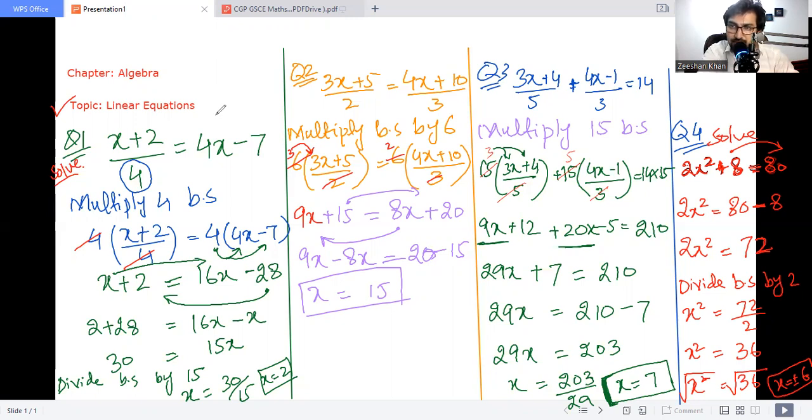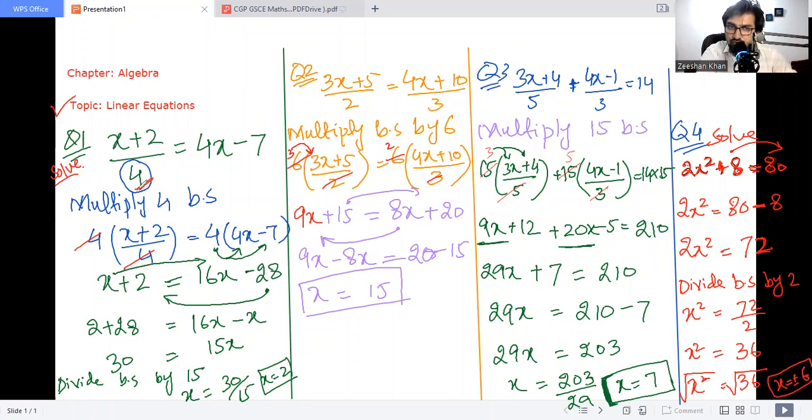So you will again apply the same rule. We will shift numbers to one side and we will shift the variables to another side. So first of all, we need to remove this 4, which is in division form. What we can do is multiply by 4 on both sides. When we multiply by 4 on the left side, this 4 will cancel out with that denominator 4.